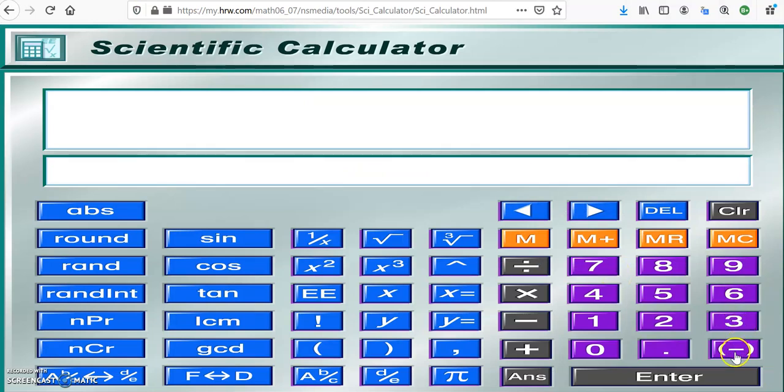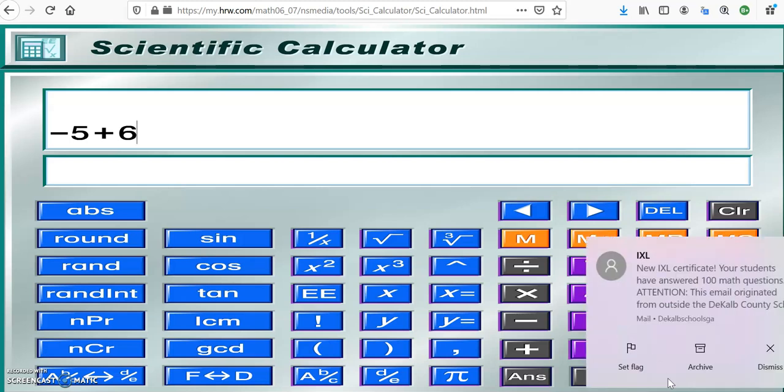The negative sign is this one, negative 5, and put the plus sign over here. Again, a reminder, this calculator is in your Verge. I have posted the links in many places in Verge. Open your Verge, go to your coordinate algebra course, and you will see lots of information under the resources tab.